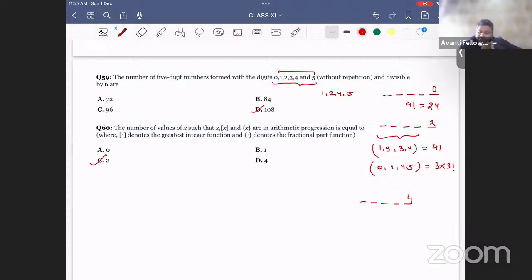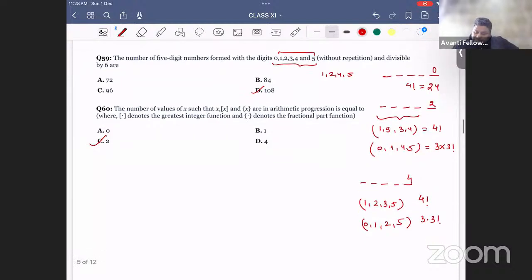If 4 is at the unit place, the remaining 4 digits can be 1, 2, 3, 5, again 4 factorial, or it can be 0, 1, 2, 5, which is 3 into 3 factorial. Got it? So this is again 24 and this is again 3 into 3 factorial.